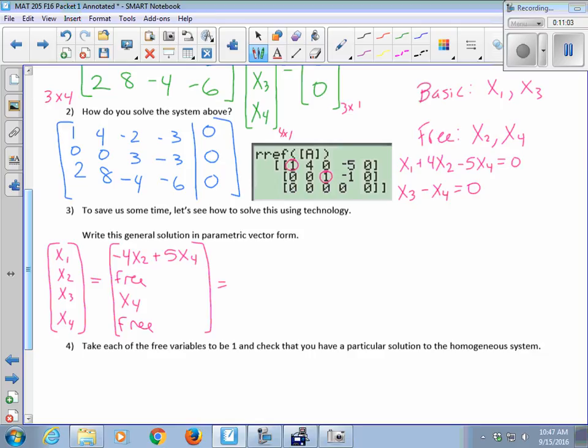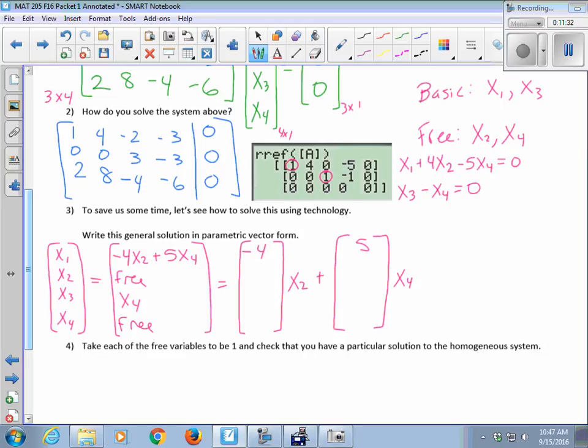So I'm going to rewrite this as a vector times x2 plus another vector times x4. So I'm factoring out the two free variables. All right, so to create negative 4x2 plus 5x4, I need to have a negative 4 here and a 5 here.